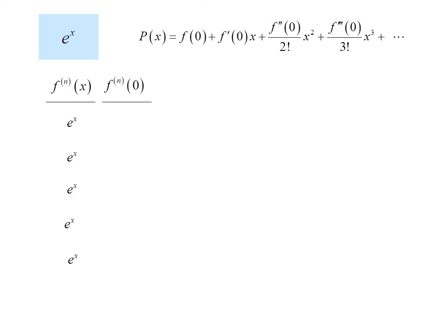And if we substitute 0 for x, we get e to the 0 or 1 every time. Substituting into the formula for the Maclaurin series, we get e to the x equals 1 plus 1x plus 1 over 2 factorial x squared plus 1 over 3 factorial x cubed plus 1 over 4 factorial x to the fourth.